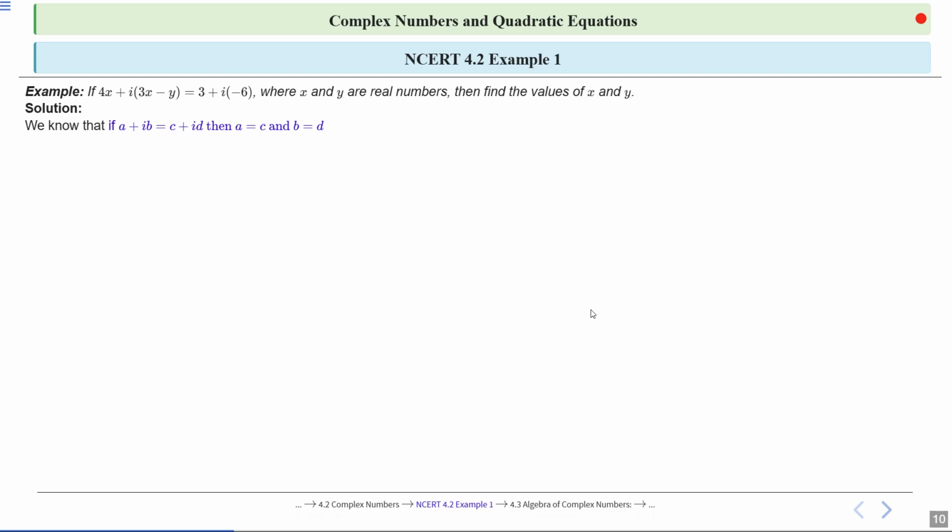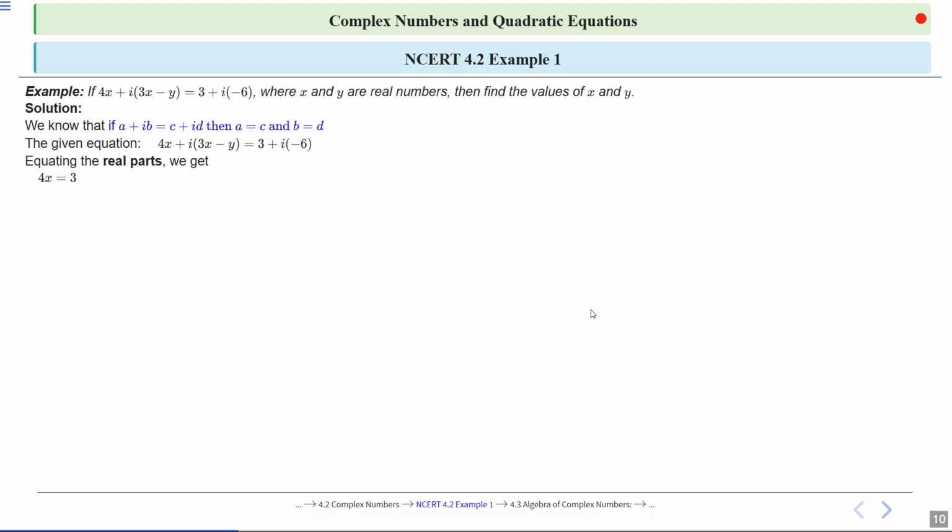To solve this, remember a key property of complex numbers. If a plus iota b is equal to c plus iota times d, then the real parts must be equal, that is a equal to c, and the imaginary parts must be equal, that is b equal to d. Now let's write down the equation we are working with, that is 4x plus iota times (3x minus y) equal to 3 plus iota times minus 6.